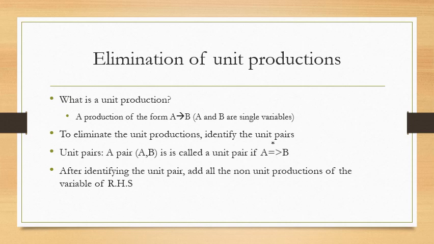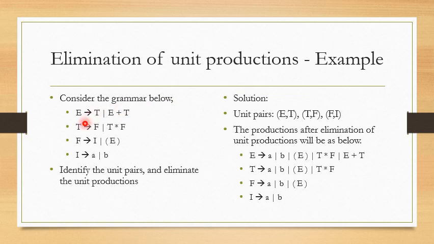So next example, you are given the grammar with all these productions. Here the non-terminals are E, T, F and I, and the terminals are plus, star, open parenthesis, close parenthesis, lowercase a and lowercase b. The unit pairs here will be E, T is one pair, T, F is another pair, F and I is another pair.